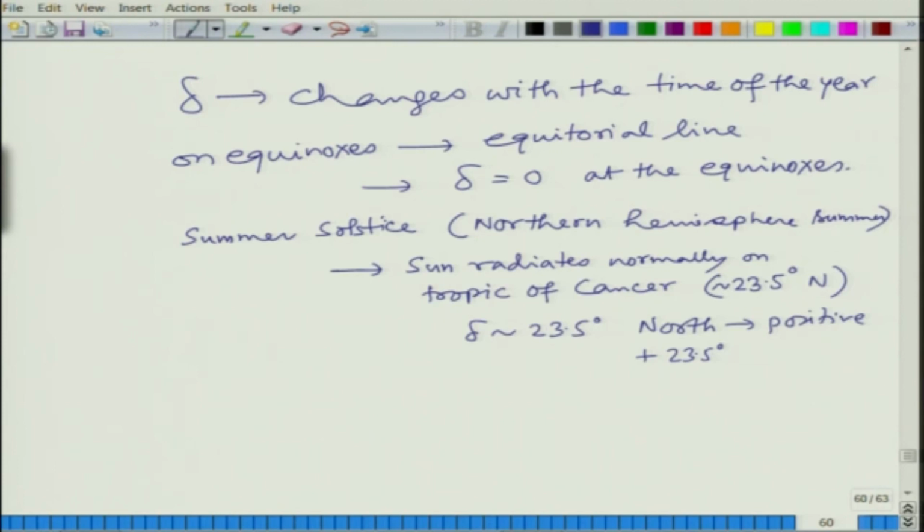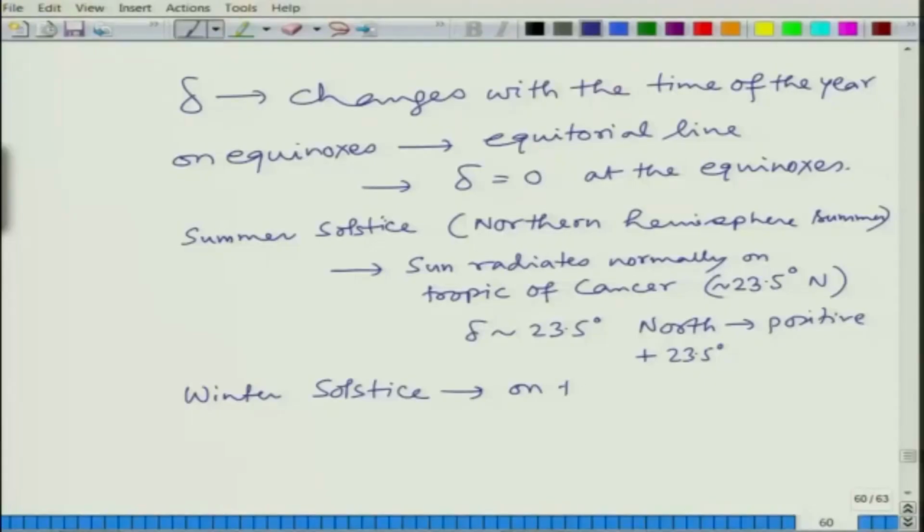Okay. And in case of winter solstice the sun is radiating in the southern hemisphere, on the Tropic of Capricorn.